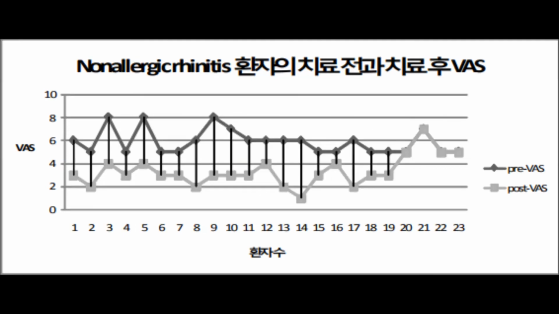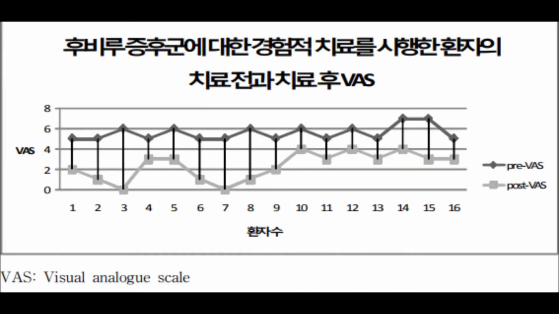Before treatment in the 23 non-allergic rhinitis patients, the average VAS was 5.87. The average VAS after treatment was 3.35, and 19 patients showed VAS improvement after treatment.